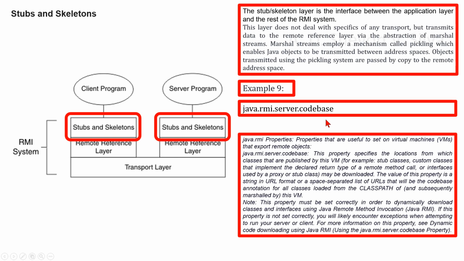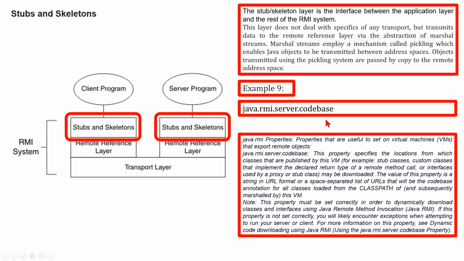The value of this property is a string in URL format or a space-separated list of URLs that will be the codebase annotation for all classes located from the class path of and subsequently marshaled by this VM.